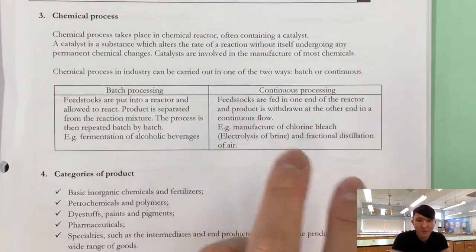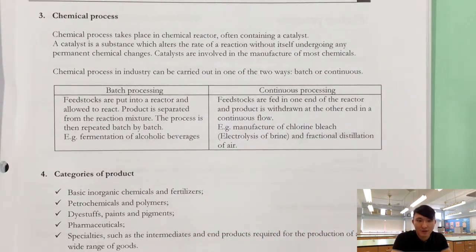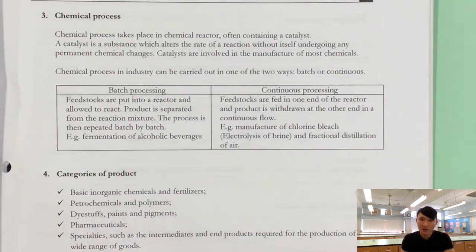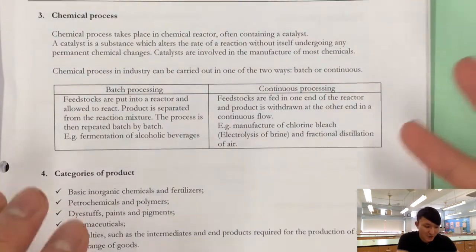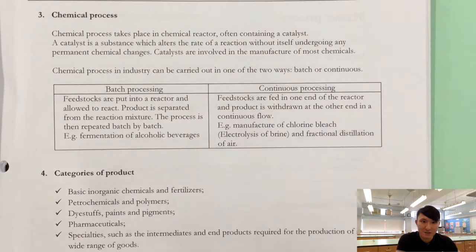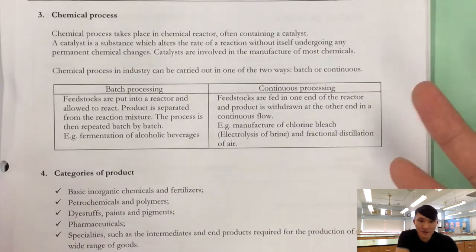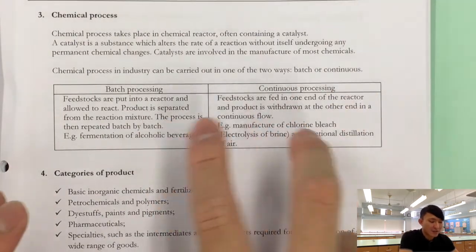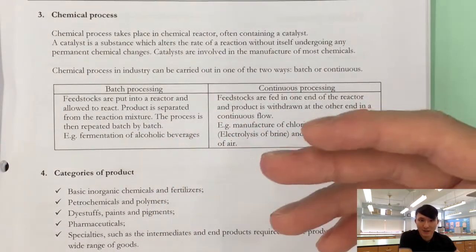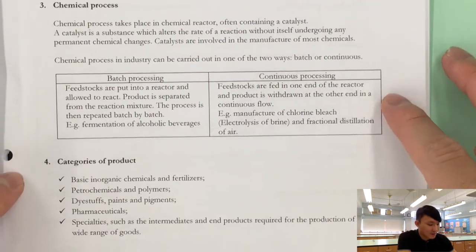Continuous processing, of course, has the highest production rate and the highest efficiency, basically 24-hour non-stop. Of course, it depends on the nature of the reaction. For wine fermentation, you can't have continuous processing, right? It's because it depends on the harvest of the grapes. So this simply tells you that we have two ways of processing our feedstocks.